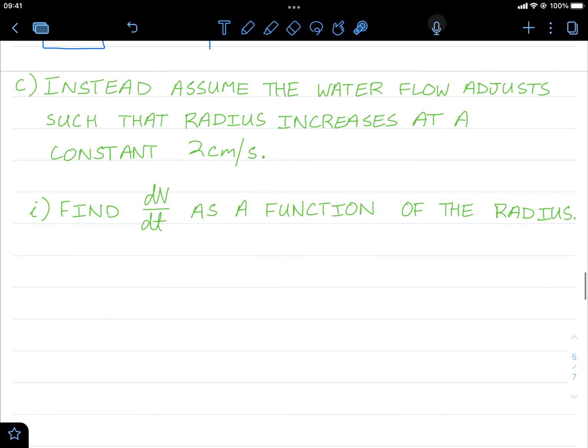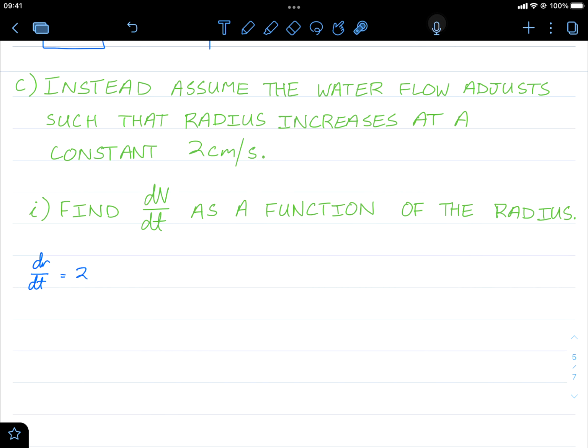In this question, the water flow adjusts, but the radius increases at a rate of 2 centimeters per second. So I want you to really think about what this part is referring to. Since the radius is increasing, that is a rate, that is dr on dt equals 2.